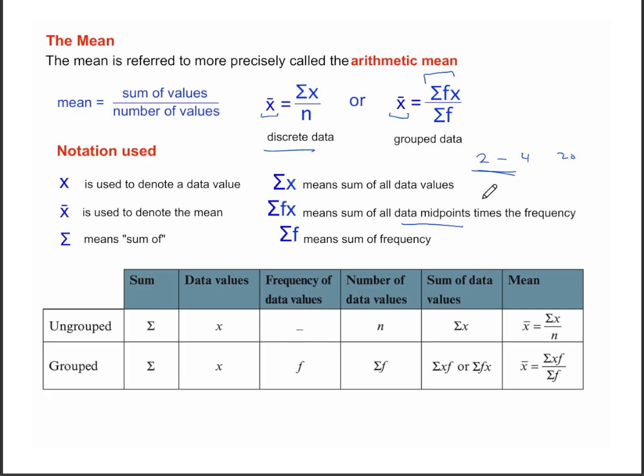What we do is we take the average of that class, which we identify to be the midpoint. That's why we use 3 as our data point from this class. So we'll have 3 from here. Then 3 is repeated 20 times. That's how we get this numerator notation.